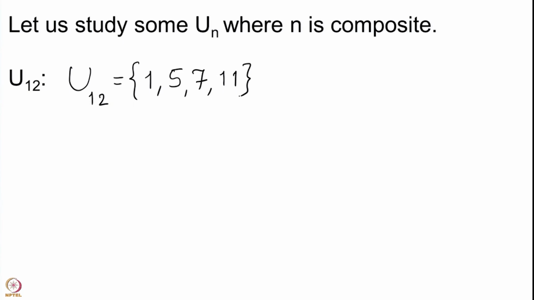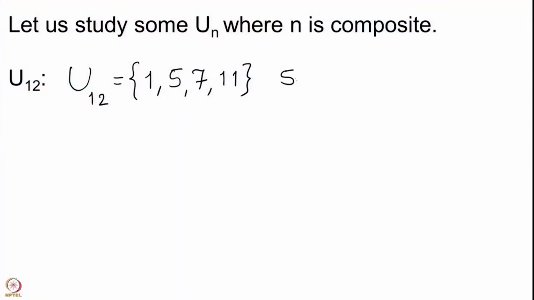So, if I now want to compute the orders of these elements, let us again look at the order of 5. So, you have 5 and you have 5 square, which is 25, but 25 is 1 modulo 12. Then you will look at 7 and 7 square is 49, which is also 1 modulo 12, and of course 11 square is going to be 1 because 11 is minus 1 modulo 12.